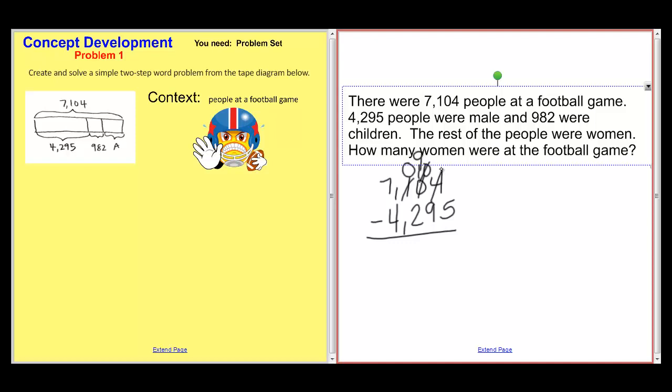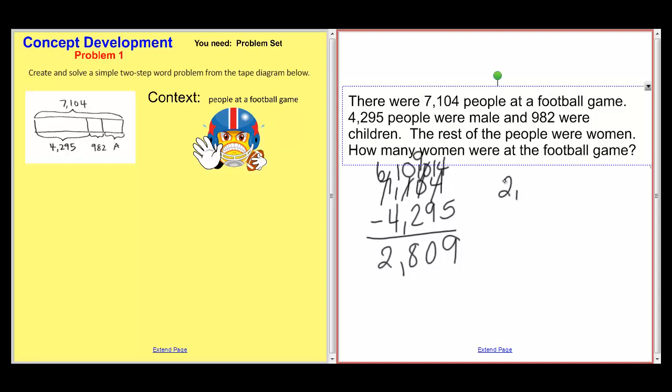Now I have 9 tens and 14 ones, but I'm not ready to subtract in the hundreds, so I'm going to decompose 1,000, and that makes 6 thousands and 10 hundreds. So now I'm ready to subtract. So I've got 9, 0, 8, and 2. Again, if you have another way to solve it, go ahead and solve it, and whenever you're ready to check back, we'll just check and see if we got the same answer. So that means that there's 2,809 people at the football game after I take away all the men.